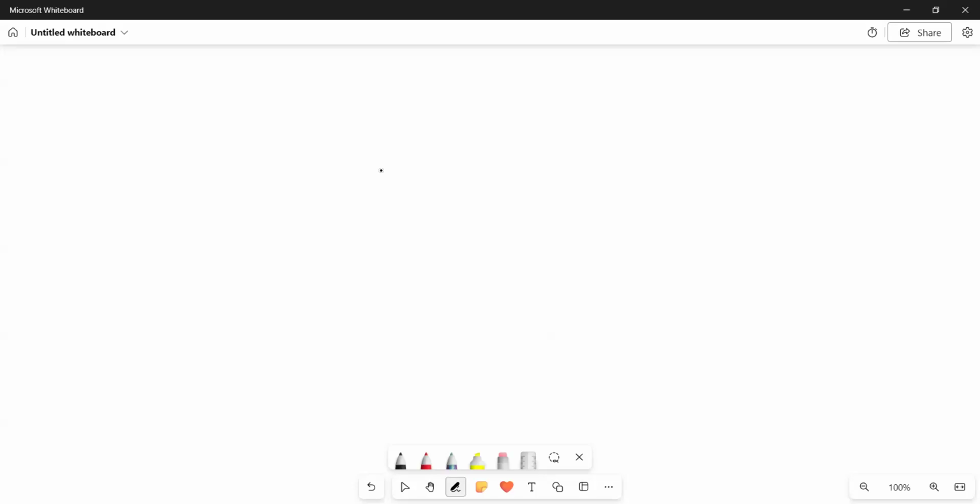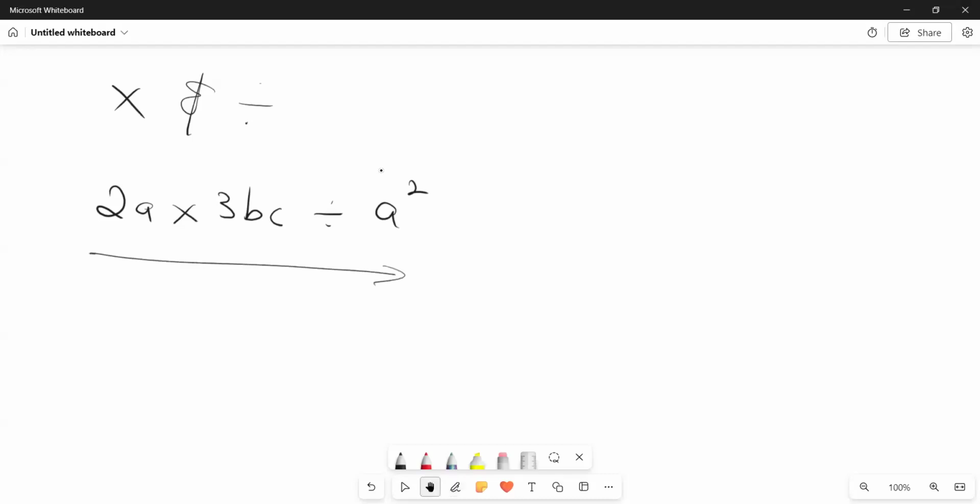And when it comes to multiplication and division, let's say you have 2a multiplied by 3bc divided by a squared. As we said with the order of arithmetic operations, you can do them in the order in which they appear.